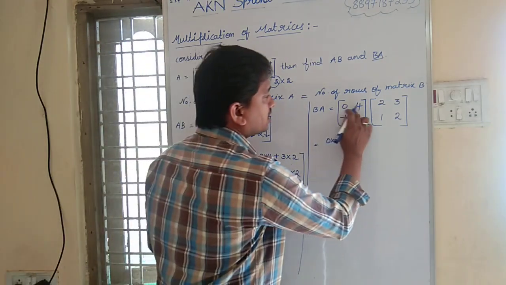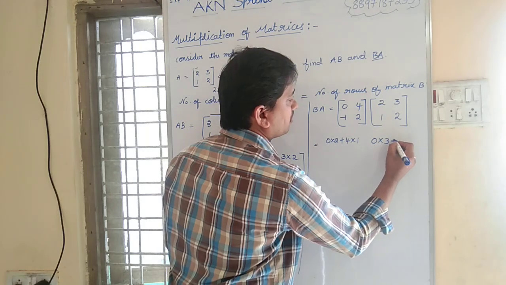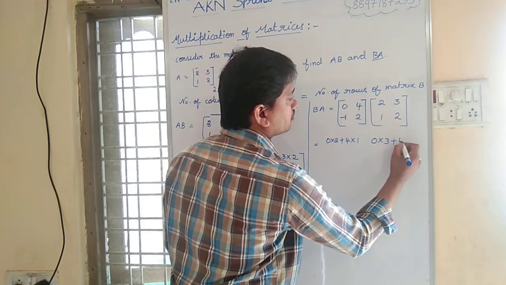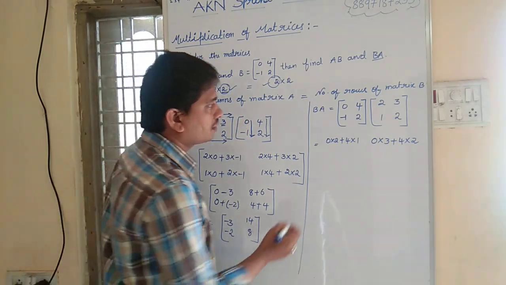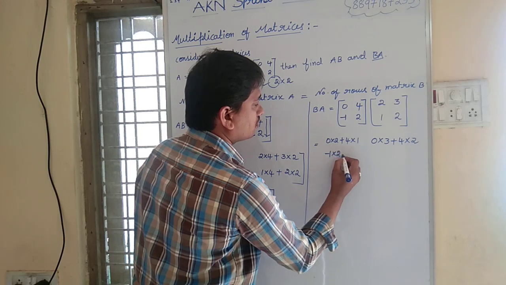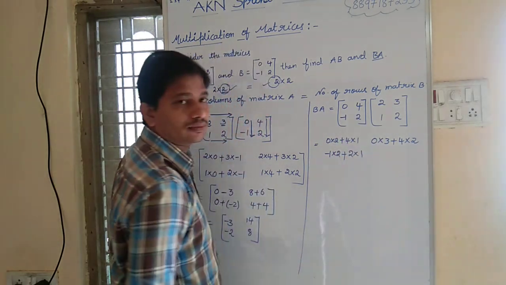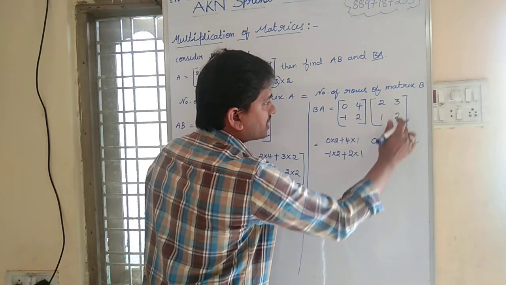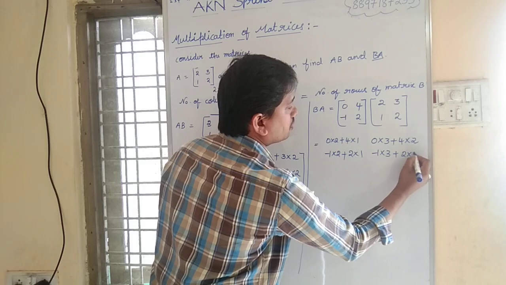Again, first row, second column: 0 into 3 plus 4 into 2. Again, second row, first column: minus 1 into 2 plus 2 into 1. Again, second row, second column: minus 1 into 3 plus 2 into 2.